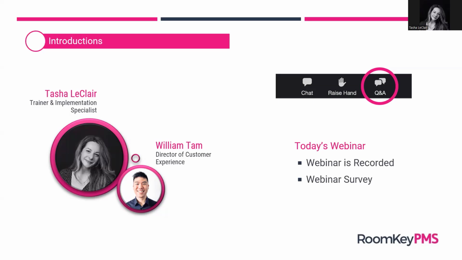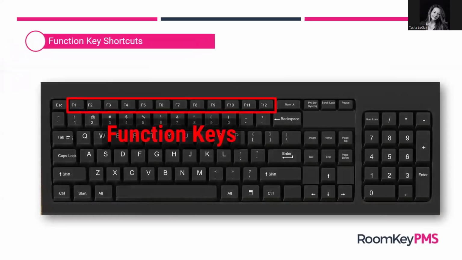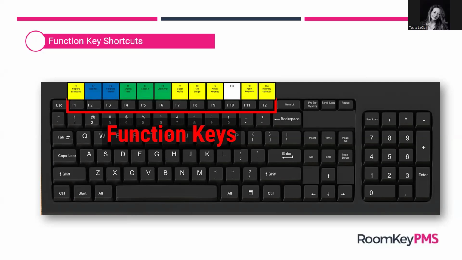Great. So let's get started with our first topic, function key shortcuts. So when you're using a keyboard or laptop that has a function key, those are the F keys that appear at the top of your keyboard. We actually have some shortcuts that are built into these function key buttons that allow you to access some key features in RoomKey.